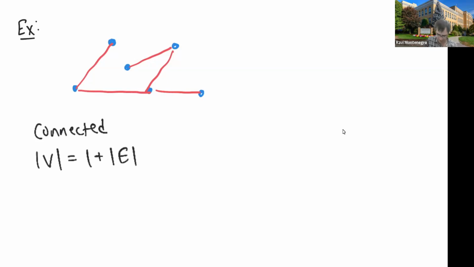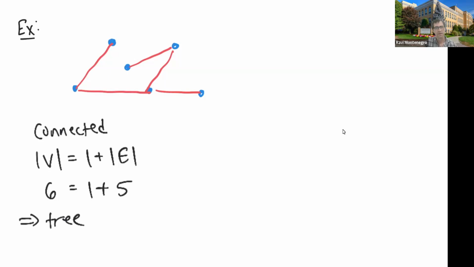So let's do this, it has 1, 2, 3, 4, 5, 6 vertices. The number of edges here is 1, 2, 3, 4, 5. Then it is a tree. Well, indeed, connected, and it satisfies that property. So this is a tree.